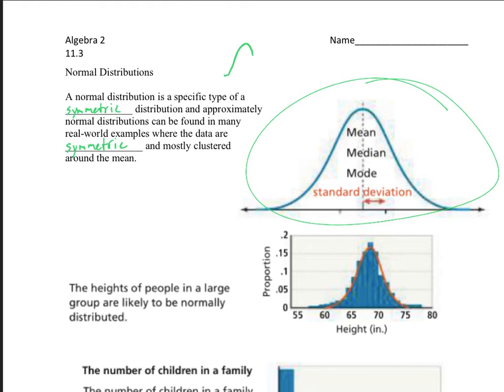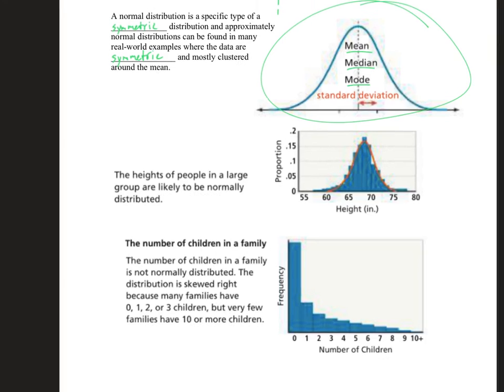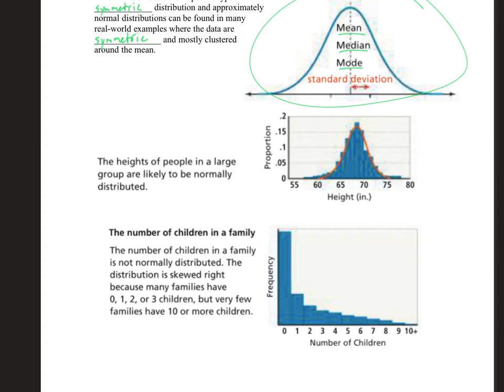So this one would also be symmetric. Same on both sides. Okay, so again, mean, median, mode are all in the middle. We talked about standard deviation earlier. So an example of a normal distribution would be the heights of people in a large group.